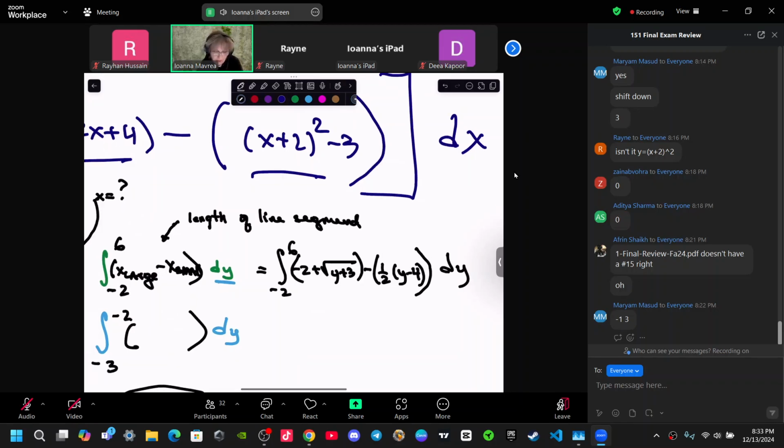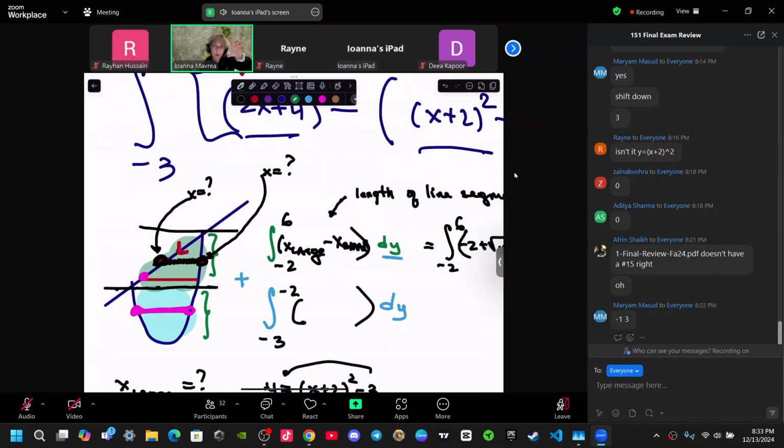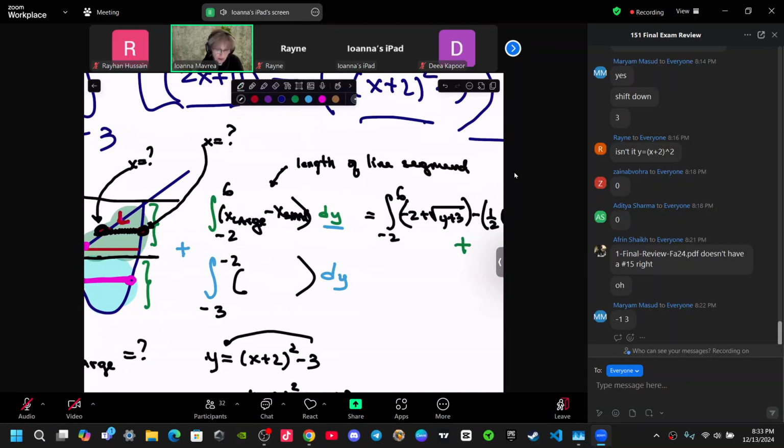And to that, I need to add the other integral. So I need to add the blue area. For the blue area, y goes from negative 3 at the vertex to negative 2. Again, I have to subtract x large minus x small.